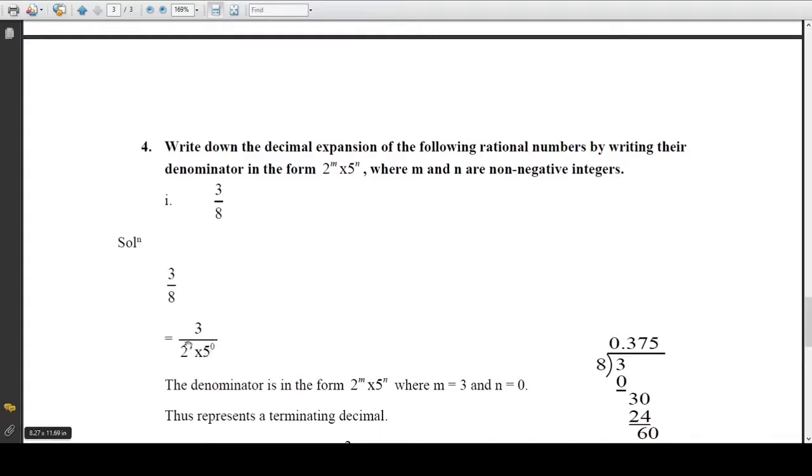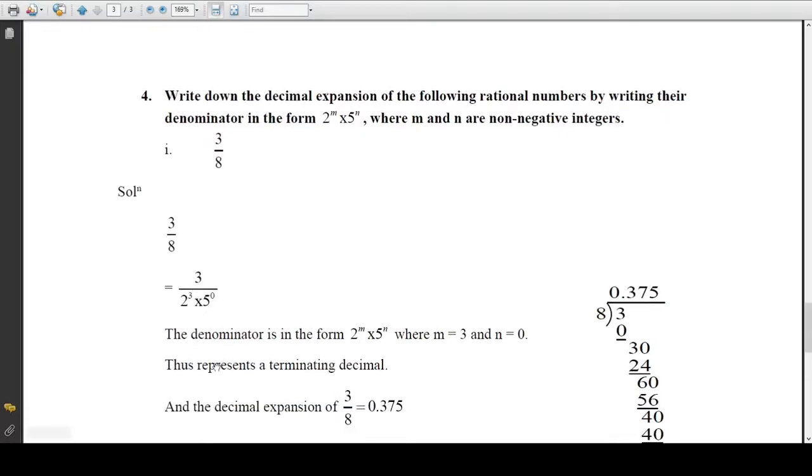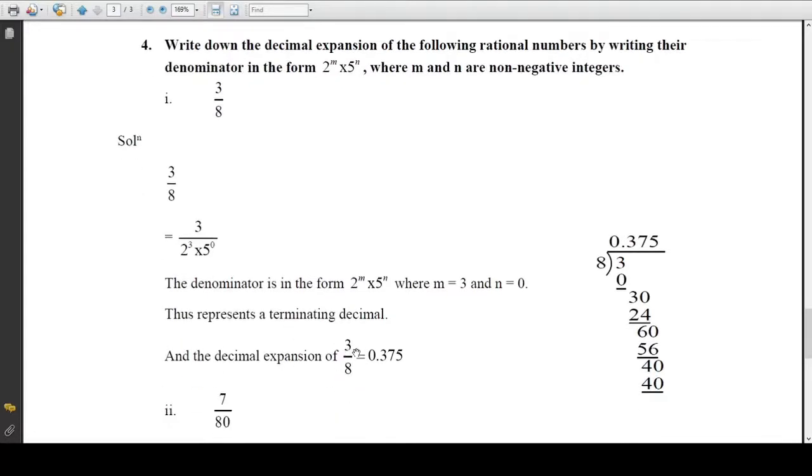Now 2 cubed, which is 8, multiply 1 will be 8 itself, isn't it? Therefore, this denominator can be written in the form 2^m multiply 5^n, where m is 3 and n is 0. Which means that it will be a terminating decimal representation. Let us find the decimal expansion of this, whether it is terminating or not.